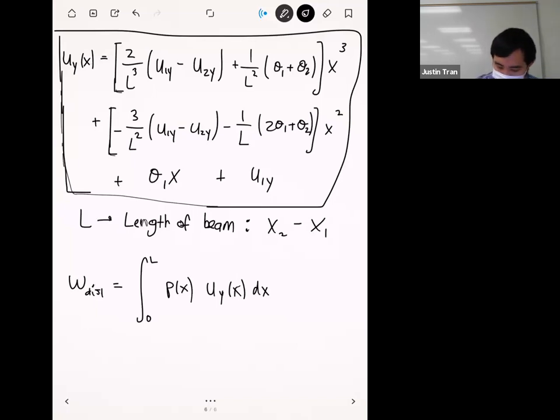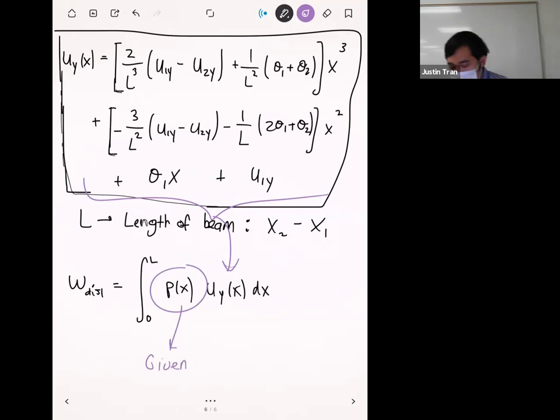Now we have everything that we need, because we have uy of x. Believe it or not, we're not done with this long function; we're actually going to integrate over it, so we plug it in here. Remember, p of x is something that's going to be given to you in the problem.